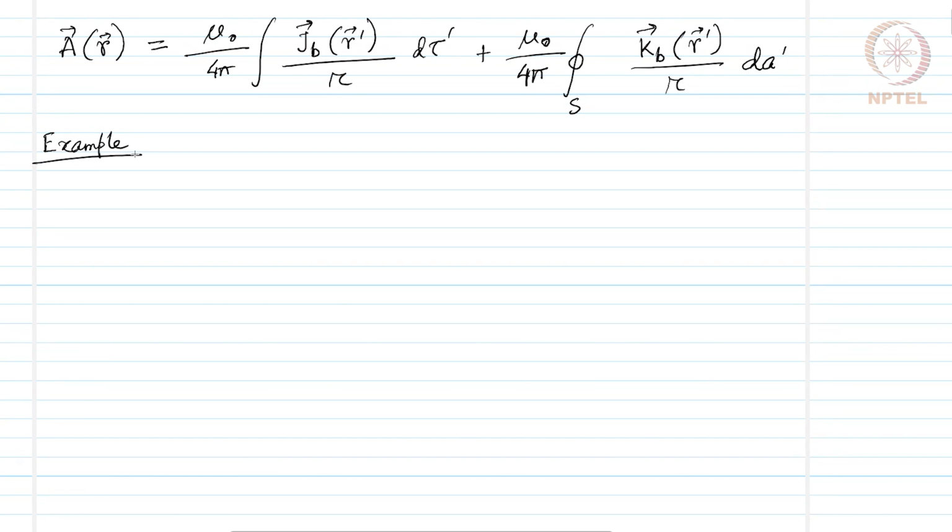So, we have a uniformly magnetized sphere with uniform magnetization M, and we want to find out the magnetic field due to this uniformly magnetized sphere.